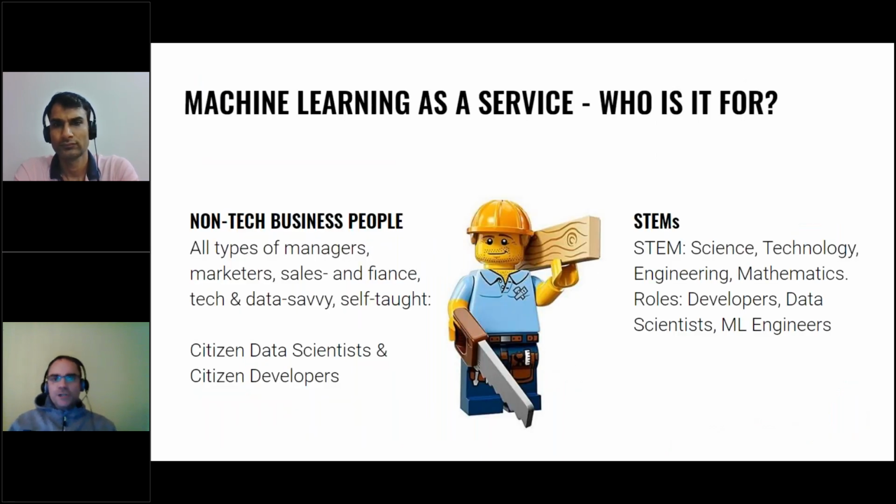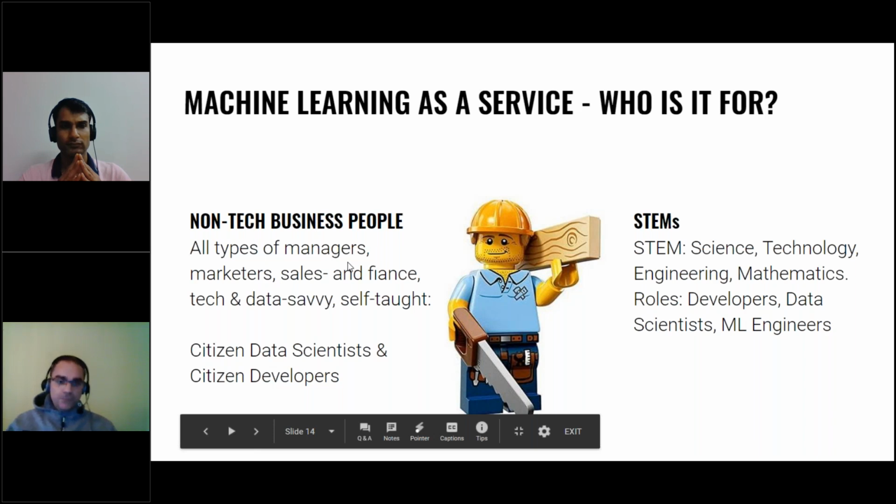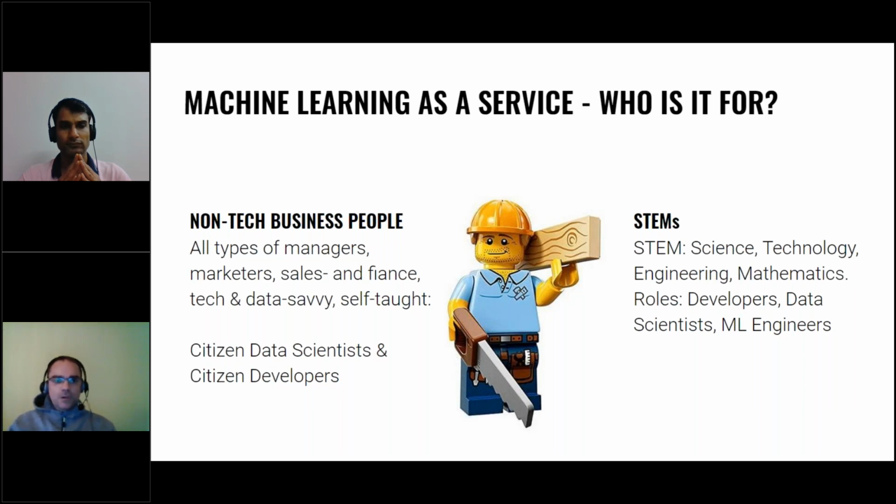So who is machine learning as a service for? There are essentially two types of consumers that all those companies offering machine learning as a service, whether that's Google, IBM, Amazon, or Microsoft, are targeting. The first is non-tech business people, people like me, for example, who are managers, marketers, sales and finance people who are tech savvy to a certain degree, self-taught.